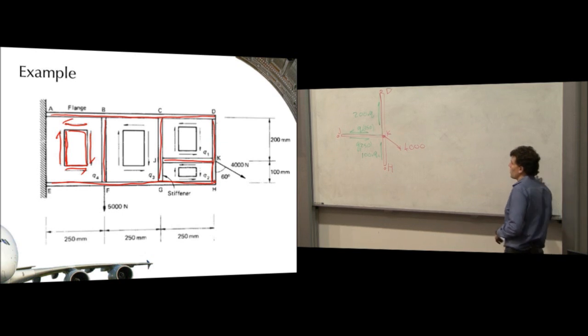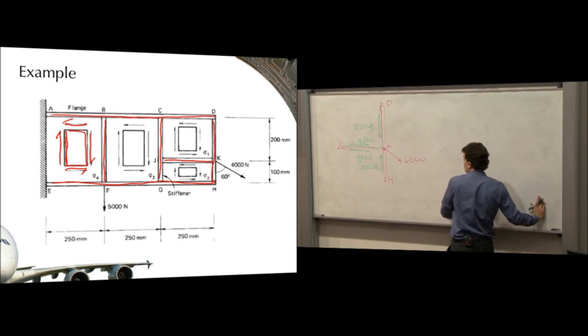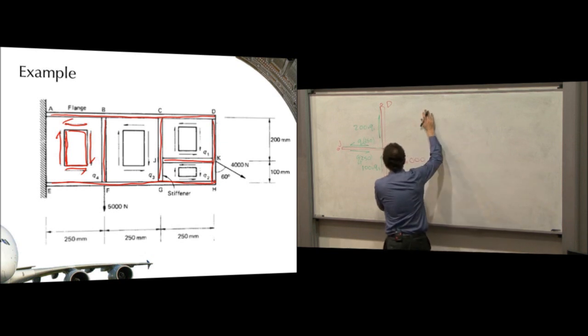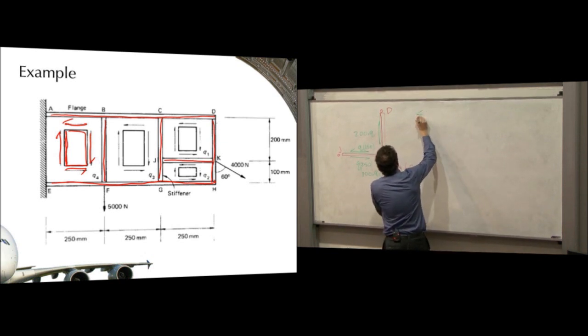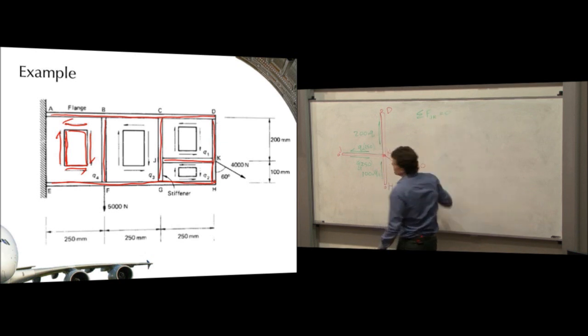So let's set up our equations. Sum of forces on boom JK equals 0.